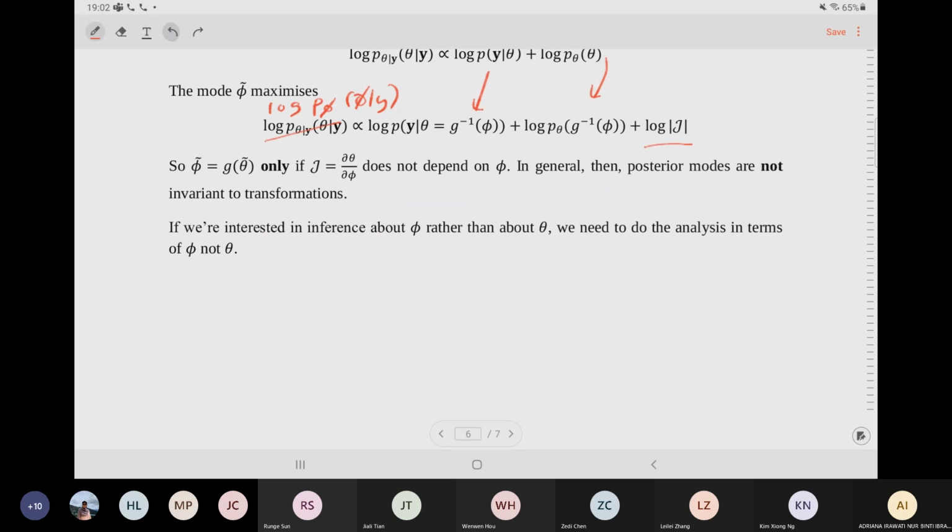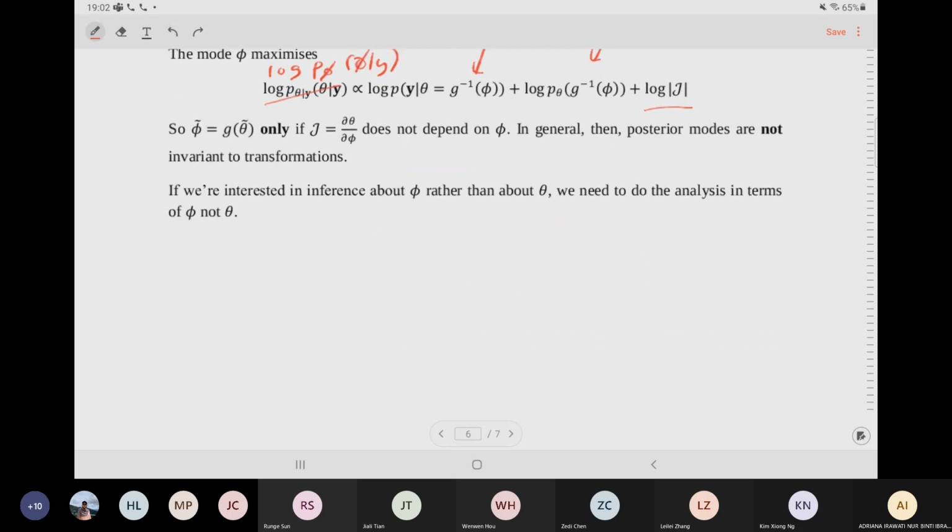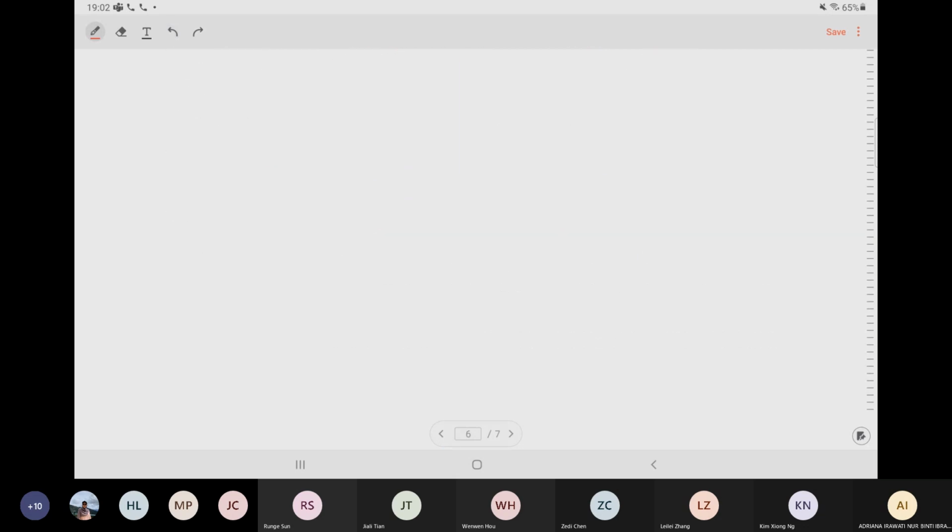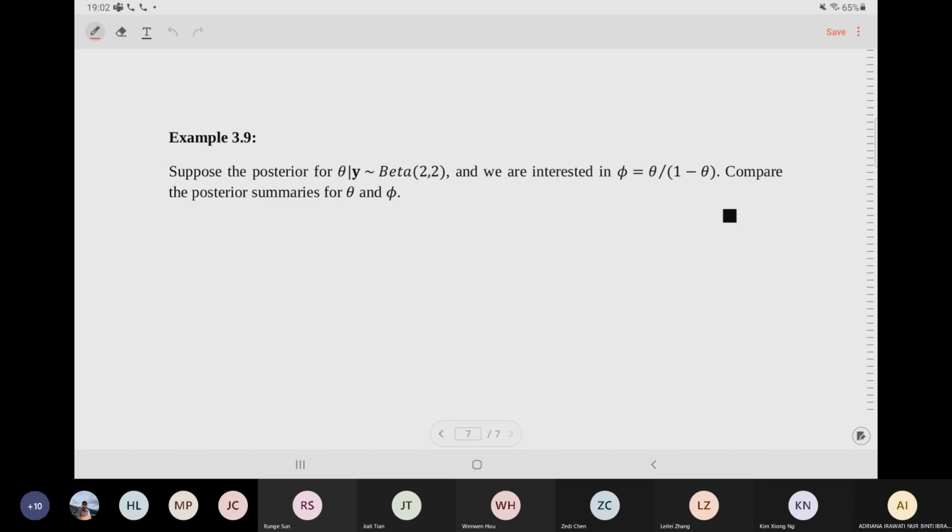Now we are going to look at an example part. Previously, we have the example where the posterior of theta is beta 2, 2.